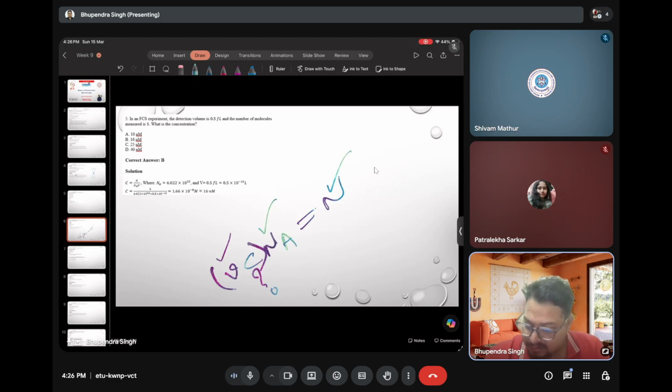Avogadro number is a number, and number of molecules is also a number, so only the volume unit you have to convert from femtoliter to liter. So the concentration will turn out to be around 16 nanomolar. Option B. Just the calculation, nothing much.